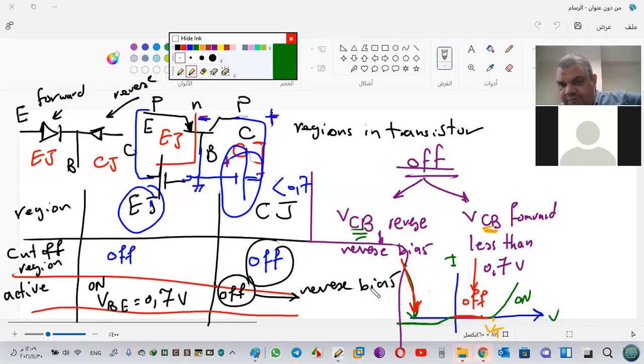So for off, we have two cases. First, reverse bias. Second, forward bias but less than V_T. So if I want to work in the active region of a transistor, first you have to work here on, that means bigger than V_T, bigger than 0.7, and the collector junction should be off. Off means either V_CB reverse bias or forward bias but less than 0.7.